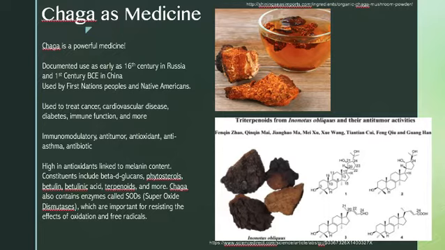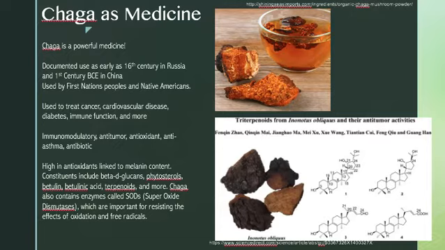In Siberia and Russia, chaga was used to cure cancer and treat tuberculosis and parasitic worms, and as a general preventative.